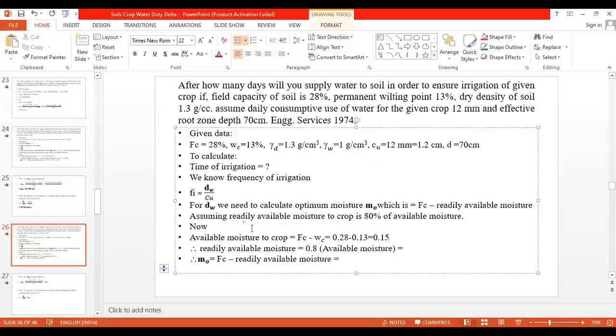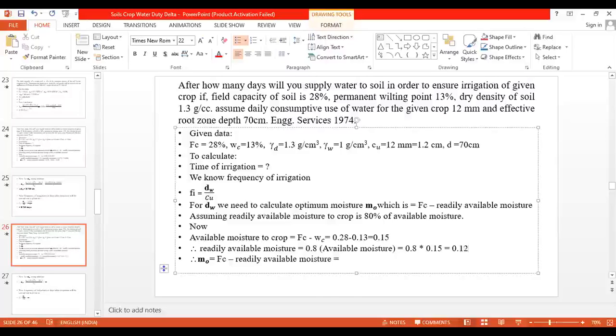Okay, then this is available moisture, so out of that readily available is 80%, so 0.8 into available moisture, that is equal to 0.8 into 0.15, that is equal to 0.12, that is 12%.